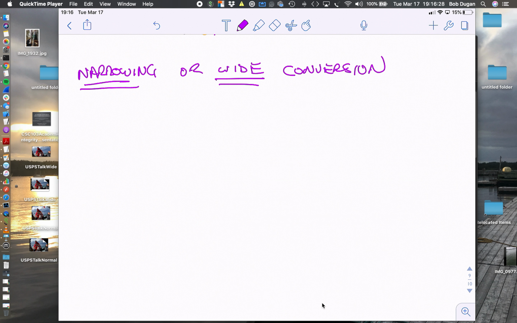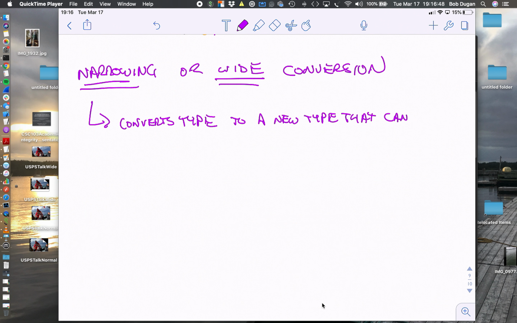So a narrowing conversion converts the type to a new type that cannot approximate the value.